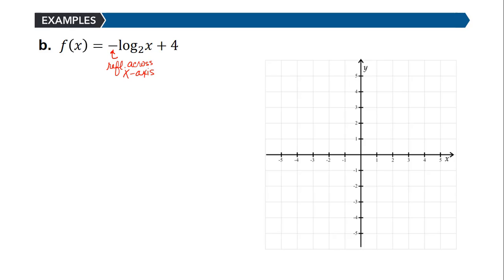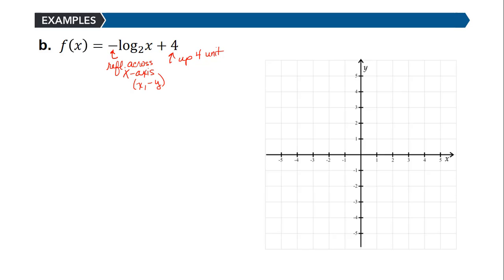And then plus 4 means that we're going to shift up 4 units. The reflection across the x-axis will keep x the same, but it will take the opposite of the y value. And shifting up 4 units is going to add 4 to the y value.